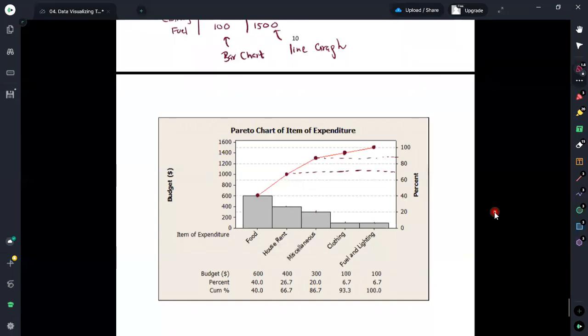So far we have discussed the data visualization techniques which relate to categorical data only. In the next session, I would like to have a discussion on the data visualization techniques that we can use for quantitative data. This is all I need to discuss in this session, and thank you all for participating in this session.